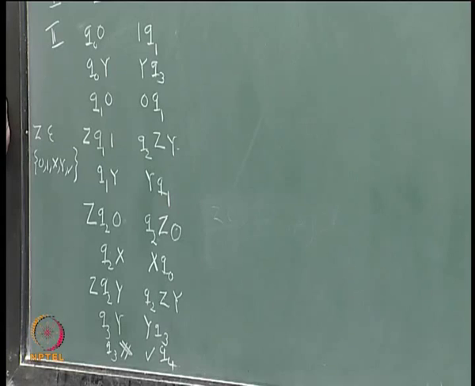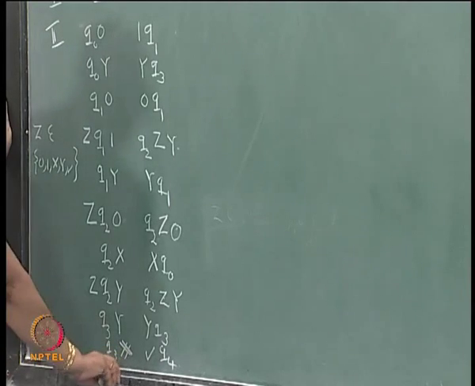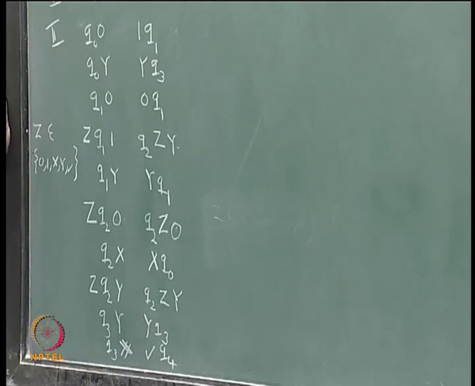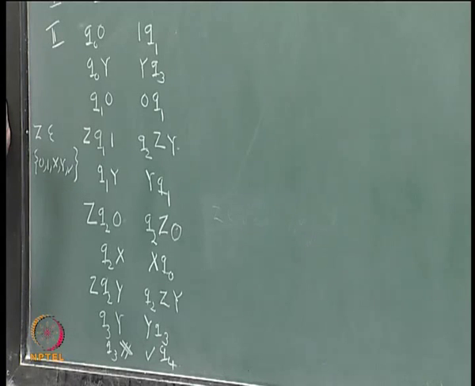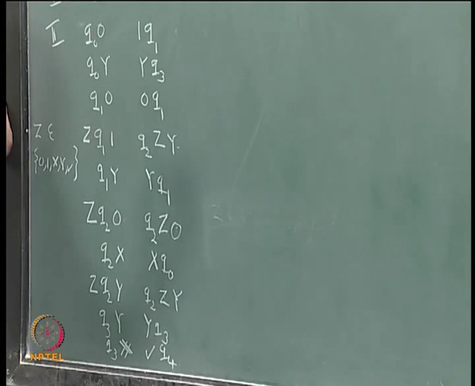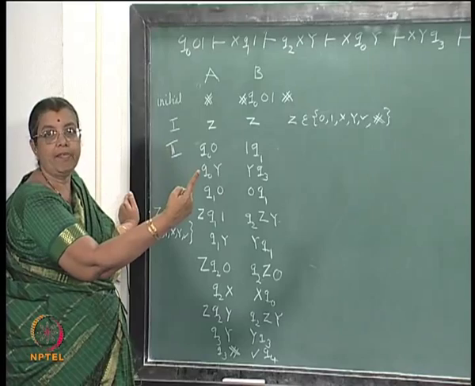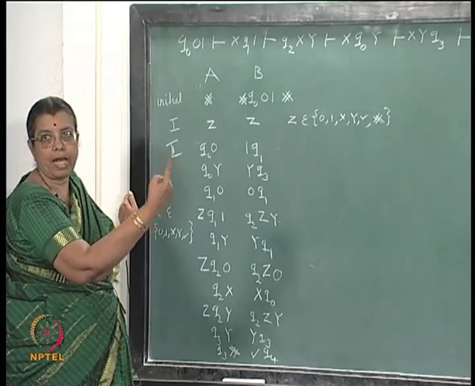Then which is the final state? Q4 is the final state. In Q0 it will change a 0 to an X, in Q1 it will change a 1 to a Y, move left in Q2, then if it sees a Y it will move right in Q3, and finally when it sees a blank it will stop in Q4.